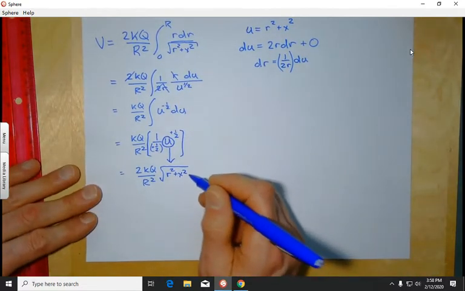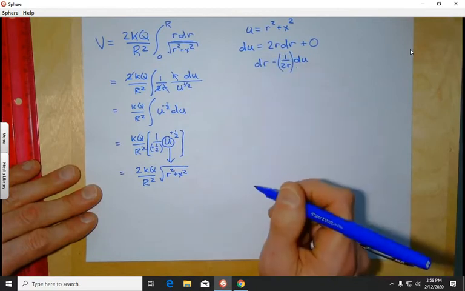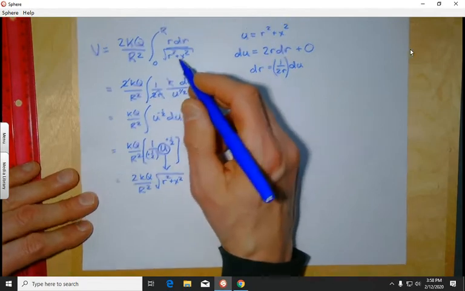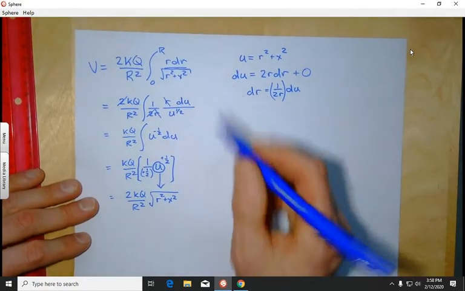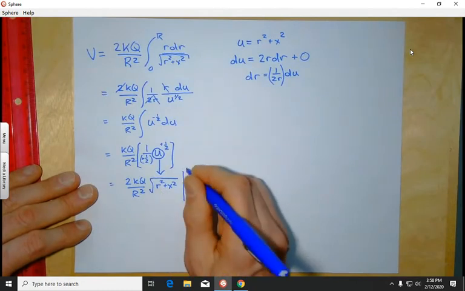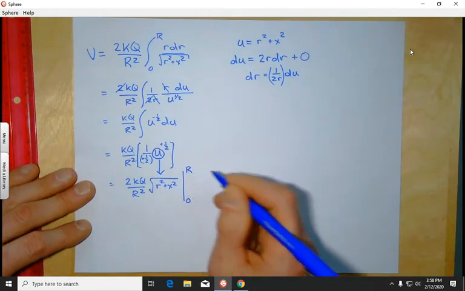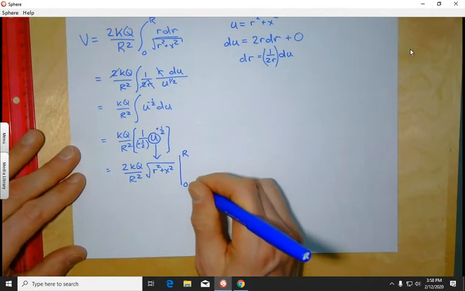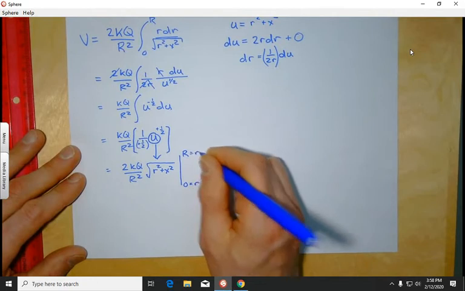So this is what we get from doing that, which is pretty nice. Now remember, this was a definite integral in the beginning, and now I've gotten it back in terms of r. I can put the endpoints back on. Okay, so this is like r equals 0, and r equals R.